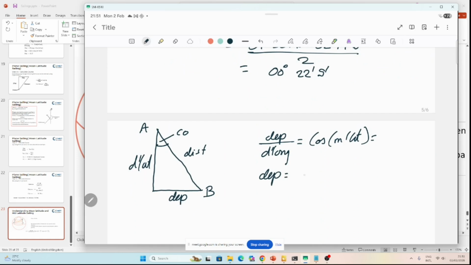So departure is equals to 114 east into cos mean lat, which is 0 degrees 22 minutes south, which is equals to, my answer and your answer will differ a little bit because of the calculator that I'm using. Slightly, okay, not much.